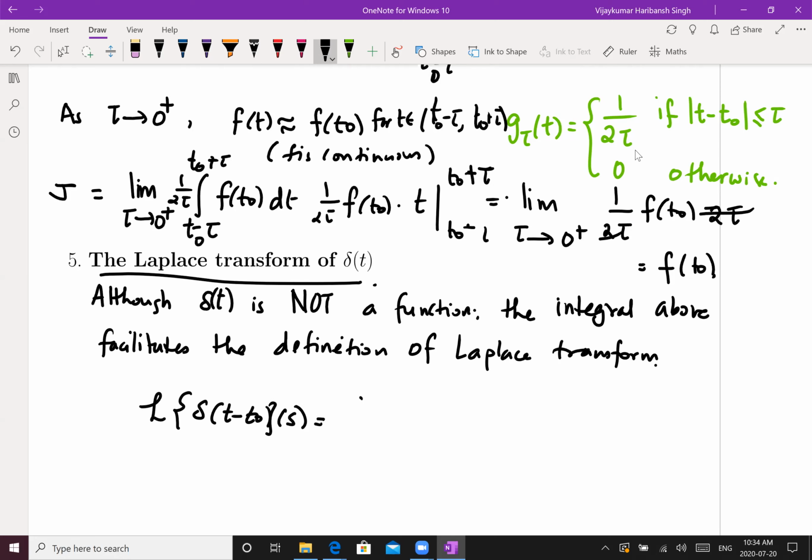This is going to be the integral from 0 to infinity of e to the power minus st delta of t minus t naught dt.